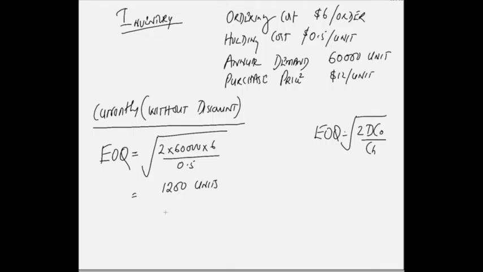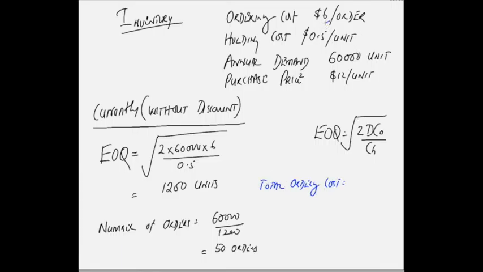So if you go with this order size, how many orders do you have to go for? You should divide 60,000 by 1,200. You're going to manage in how many orders? 50 orders. So your total ordering cost, what is the ordering cost per order? 6, no? So your total ordering cost will be 6 into 50 orders, $300.